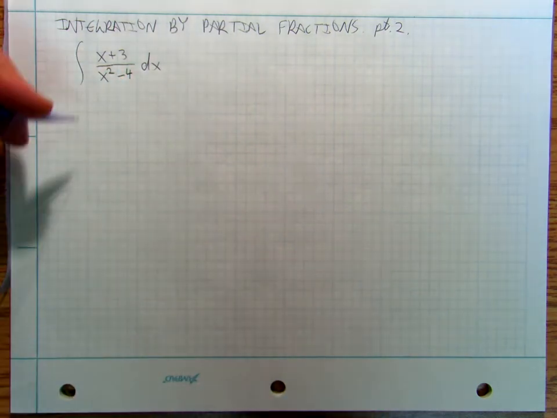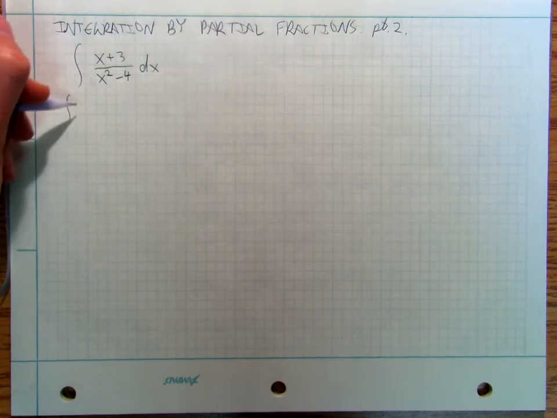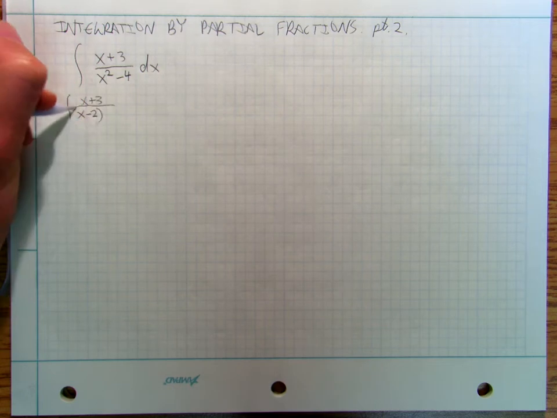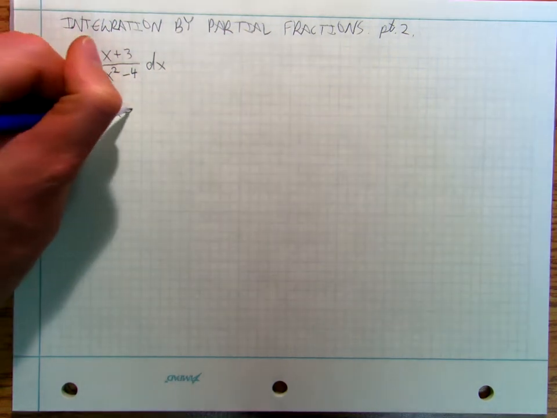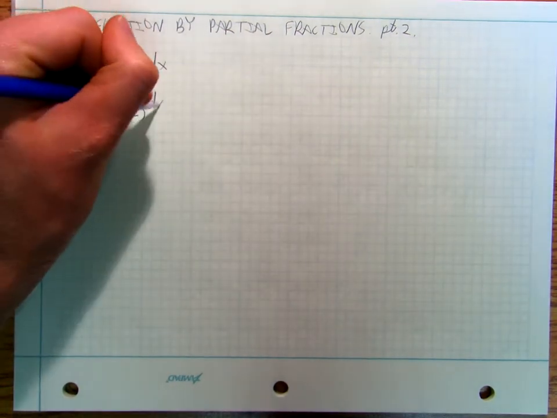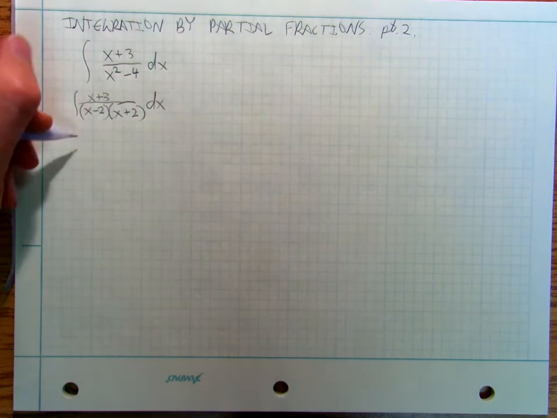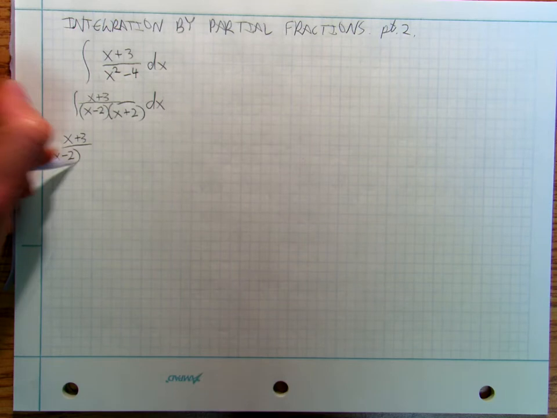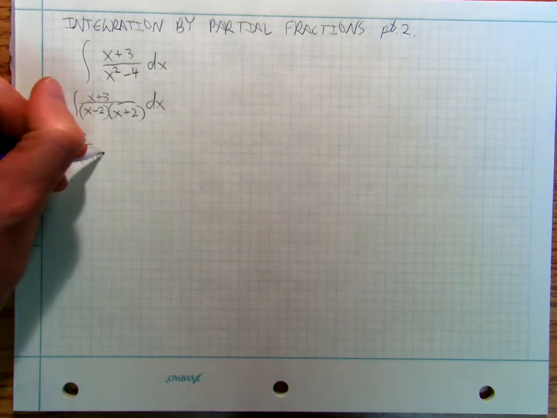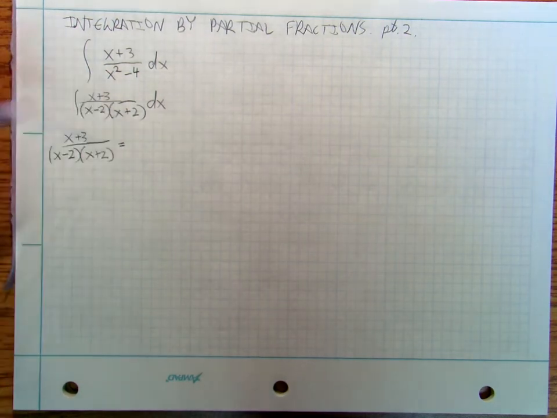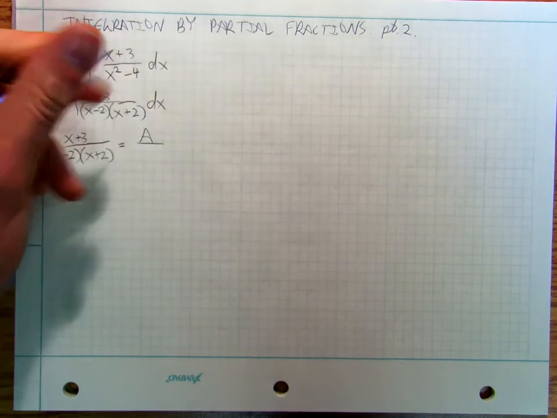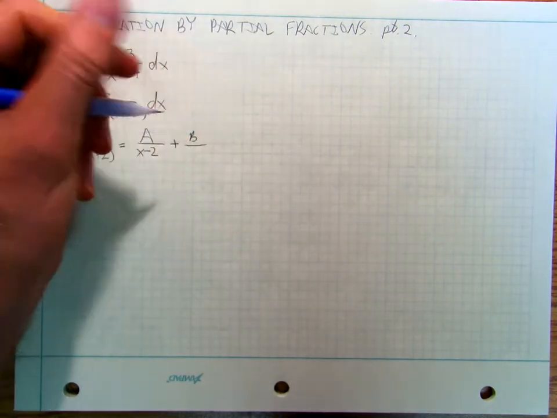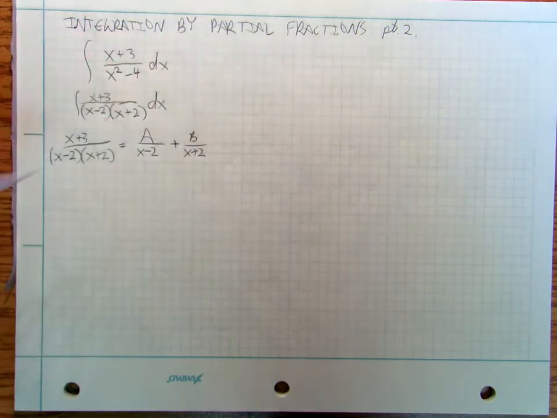Okay, I'm going to rewrite this as the integral of (x plus 3) over (x minus 2)(x plus 2). And then I'm going to say that (x plus 3) over (x minus 2)(x plus 2) can be rewritten as A over (x minus 2) plus B over (x plus 2).